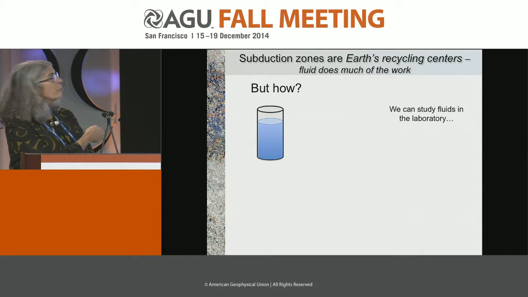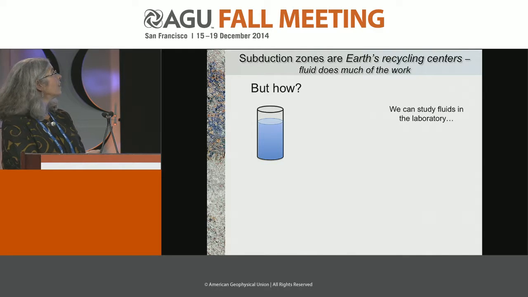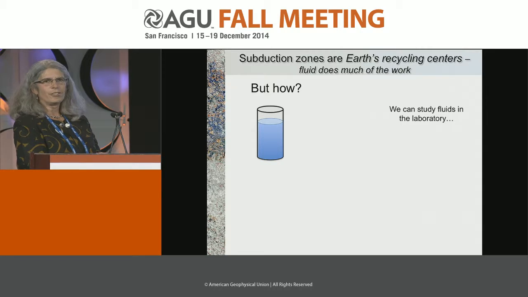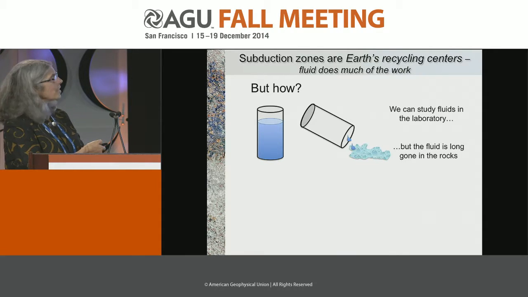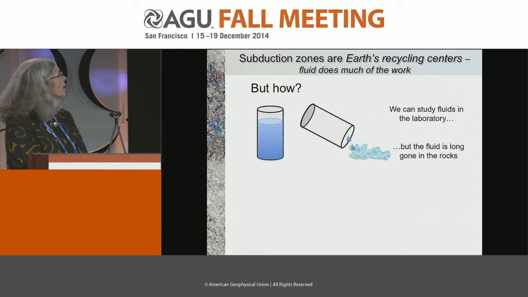We can study fluids in the laboratory and do experiments and so on to study dissolution of different minerals, solute transport, and so on. But when we're dealing with rocks from exhumed subduction complexes, the fluid is long gone from those rocks. So it can be a little bit of a challenge to try and understand exactly what fluids were doing at different points in the subduction system.